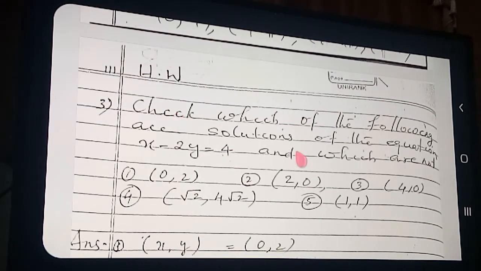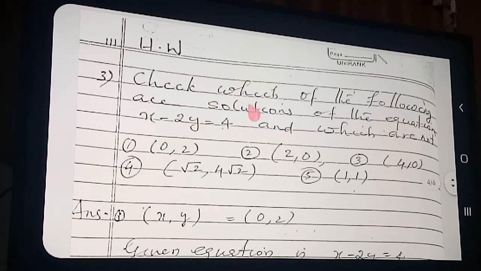Question, read properly. Check which of the following are solutions of the equation x minus 2y is equal to 4 and which are not. Which are the solutions and which are not the solutions, you write. Very clearly teacher told several times how we are checking. In the place of x you give the value, and in the place of y you give the value in the equation.